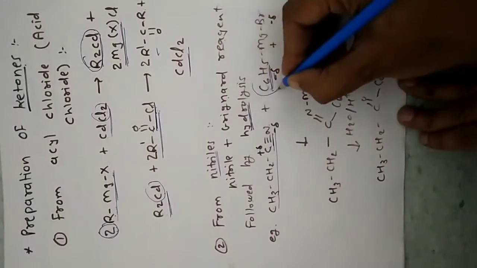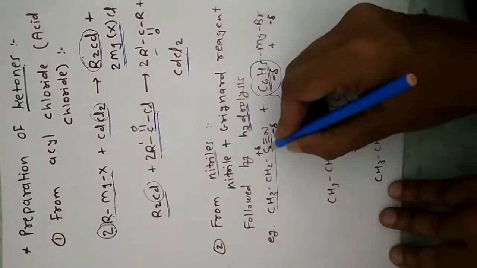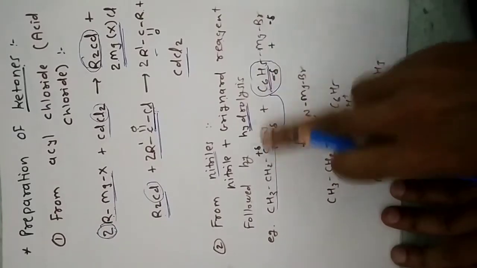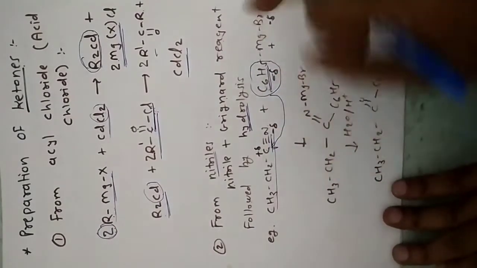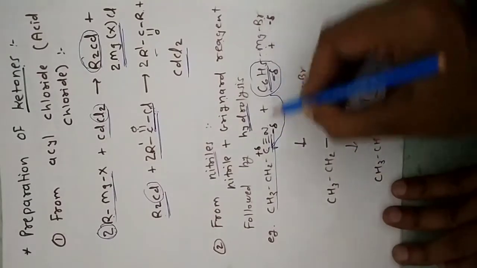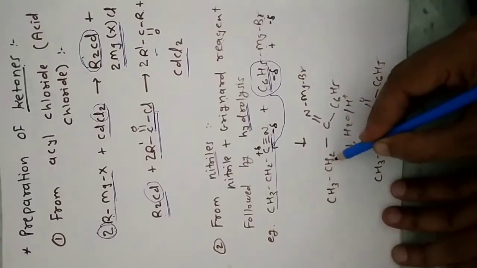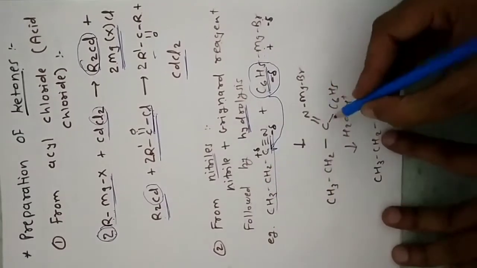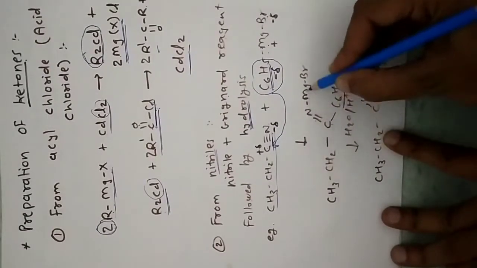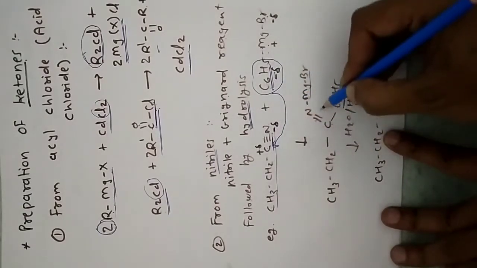So this negative alkyl group will attack the carbon because it has a partial positive charge. Negative and positive attract each other, and the remaining N and MgBr will attach together. So here you can see CH3CH2 as such, this carbon is now attached to the alkyl group, and nitrogen is attached to MgBr. Here the triple bond breaks to a double bond.